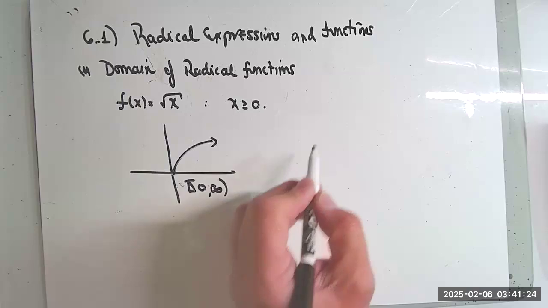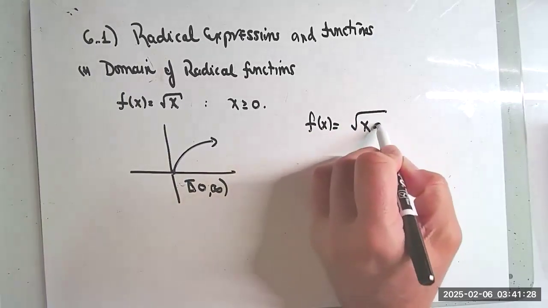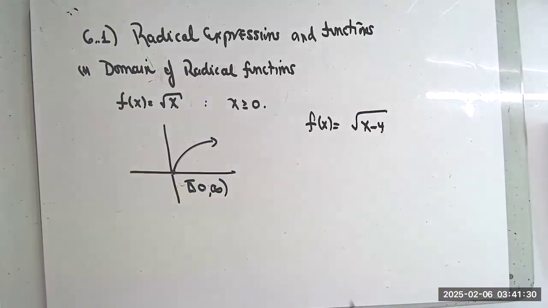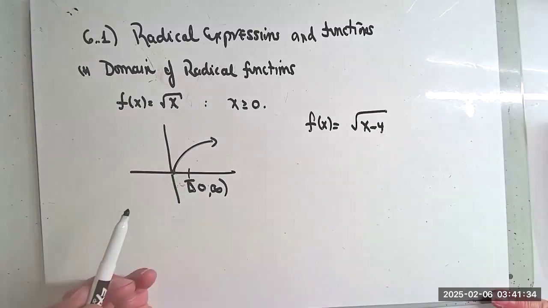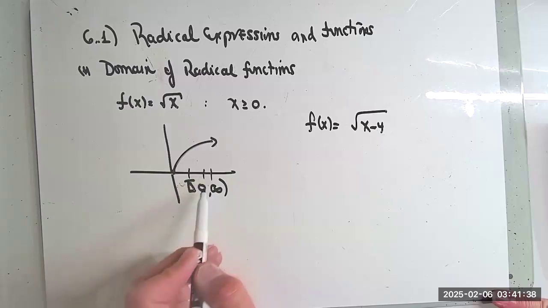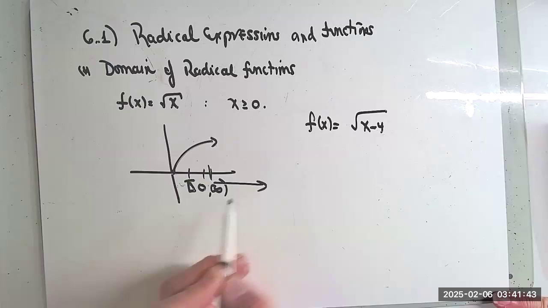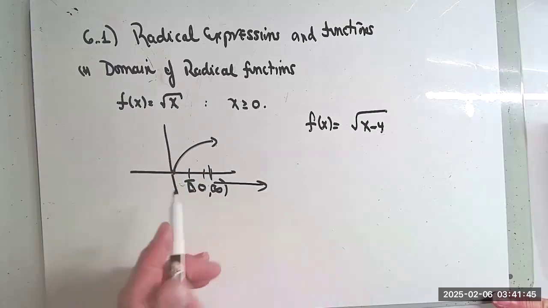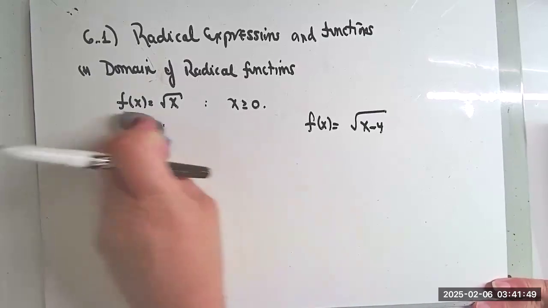Now, if I need to look for the domain of the function f of x equals the square root of x minus 4, what number makes this radicand non-negative? Can I choose 3? No. Can I choose 4? Yes, because 4 minus 4 is 0. Can I use 5? Yes, 5 minus 4 is 1. So as long as I'm from the 4 to the right, I'm safe. If I go to the left of 4, I'm in big problems.